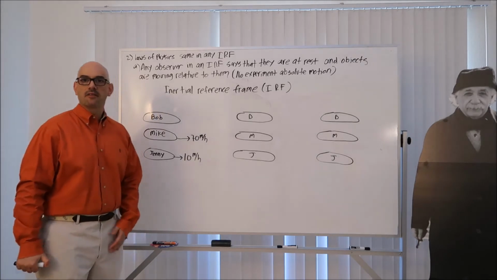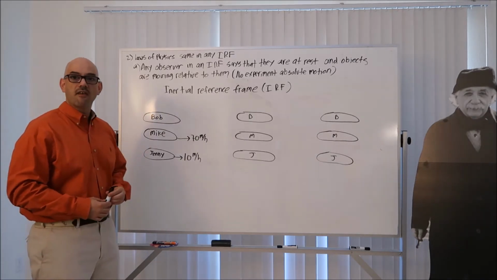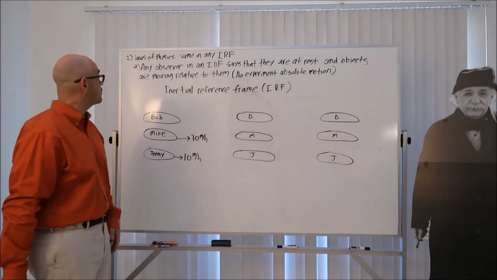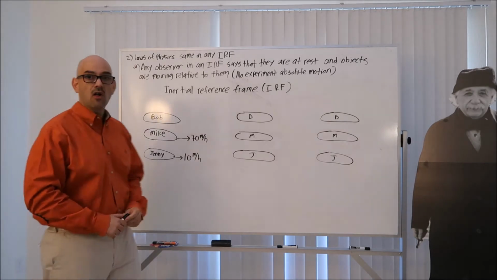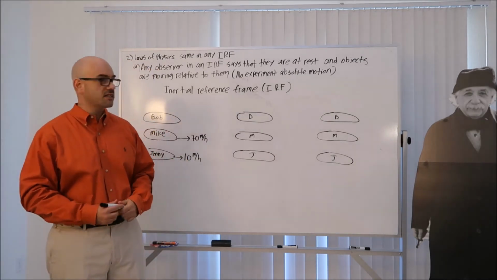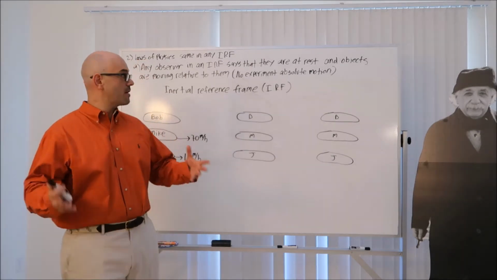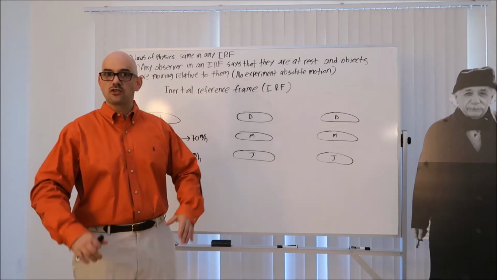Okay, so now I'm going to talk about the second postulate and explain it. The second postulate of Einstein's theory of relativity says that the laws of physics are the same in any inertial reference frame. First of all, what is an inertial reference frame? Well, the best way to think about it is to imagine a large ship or a large planet in space that is moving without any acceleration.